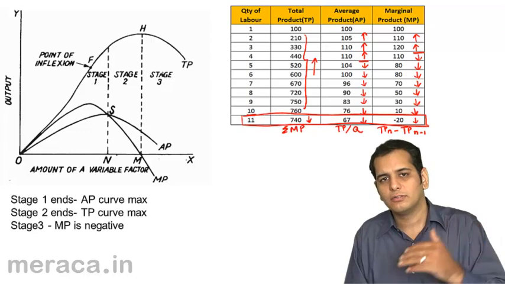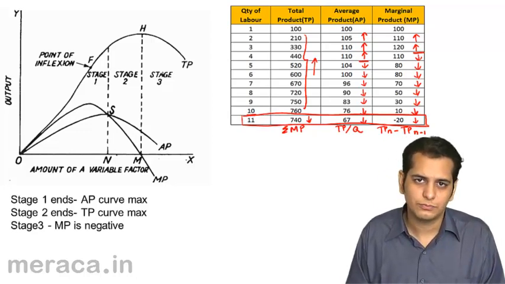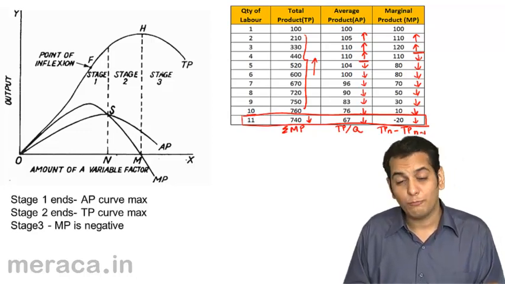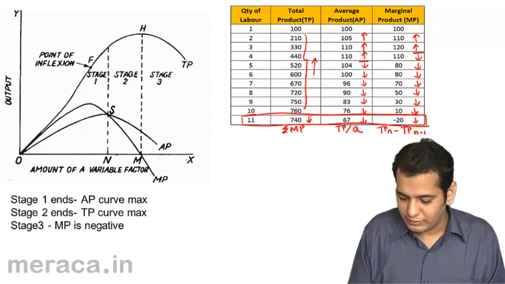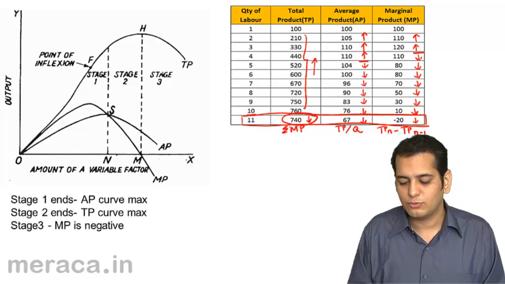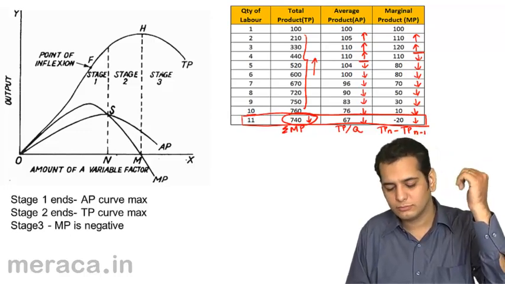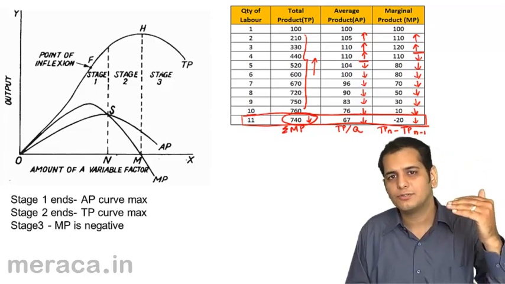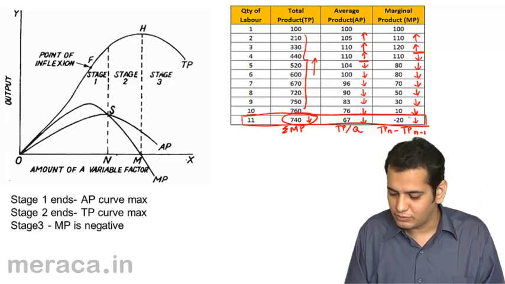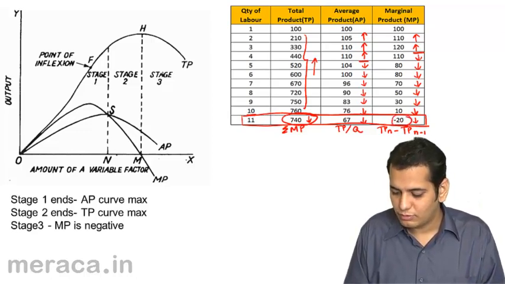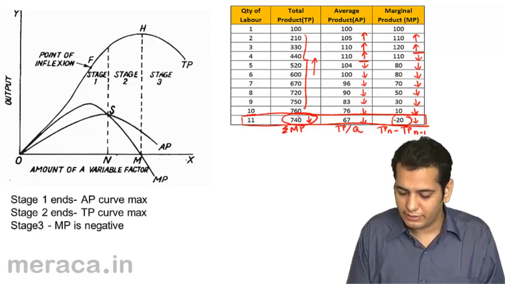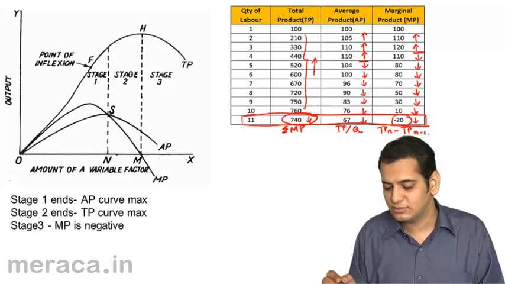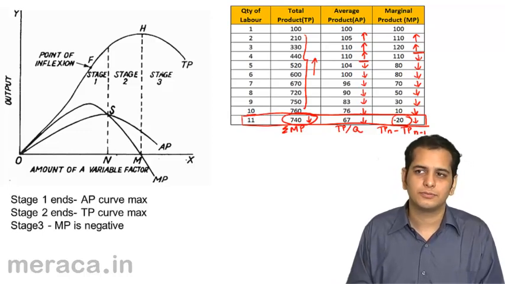It has gone below zero. Because marginal product has gone negative, you can see that there is a fall in total product from 760 to 740. There is a decline of 20 units in marginal product. Thus, we can see total product is the summation of marginal product.